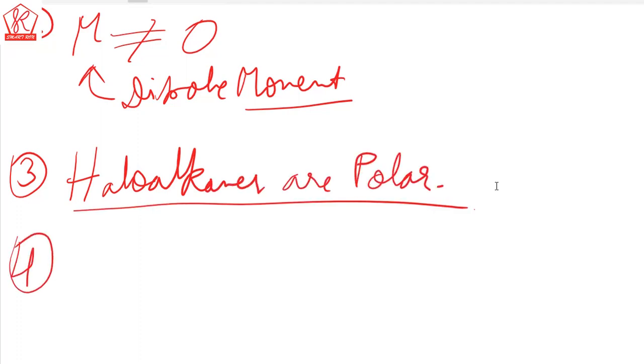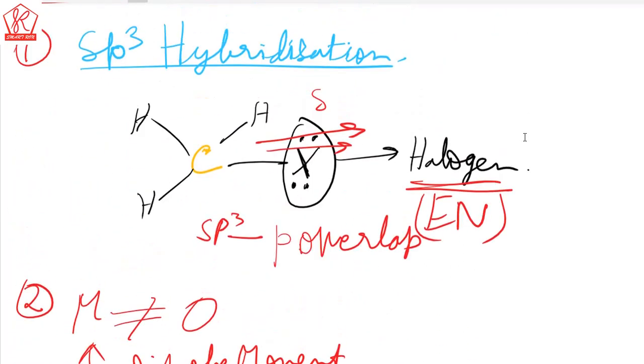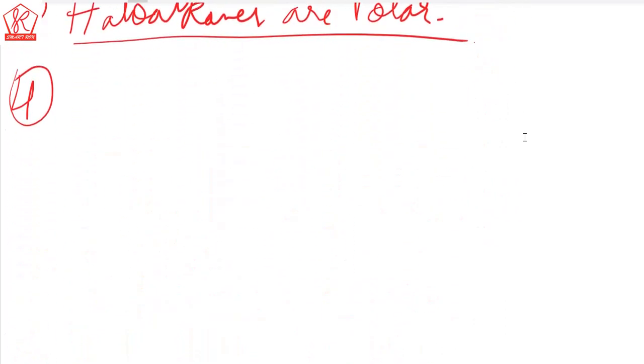Okay, so now moving on to the fourth point. Now guys, tell me, looking at the structure of the haloalkanes, is there any possibility of hydrogen bonding? Is it possible that a haloalkane can go through hydrogen bonding? No, right?